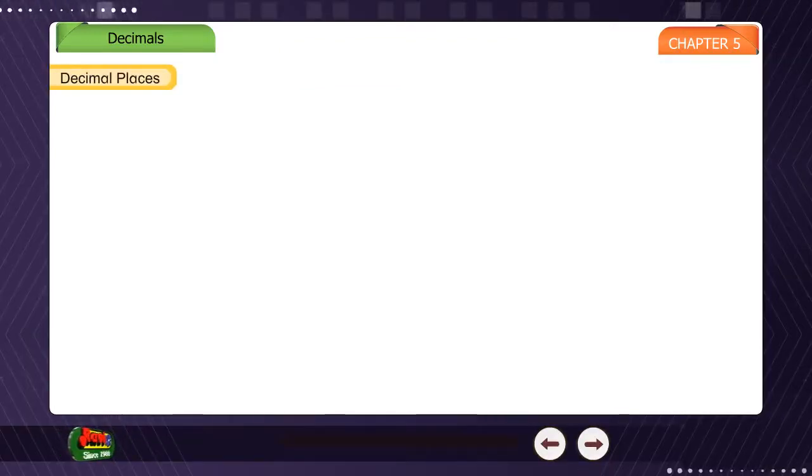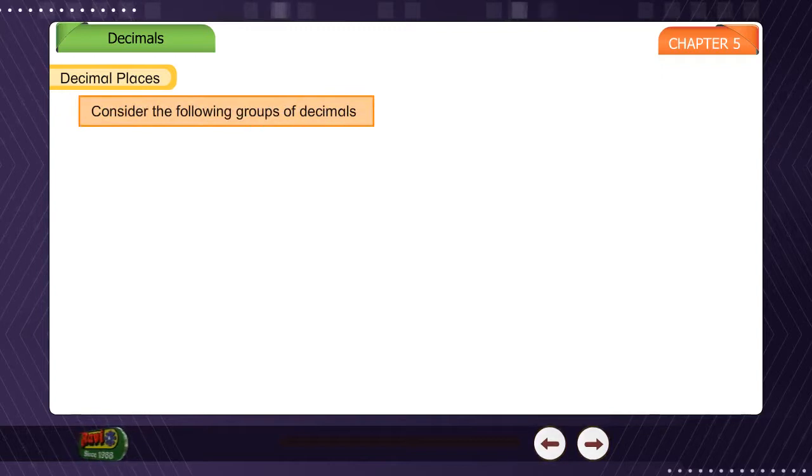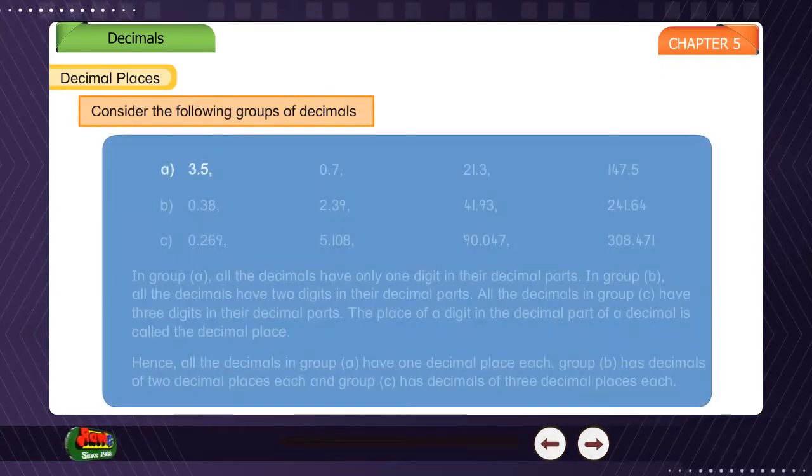Decimal places. Consider the following groups of decimals: A. 3.5, 0.7, 21.3, 147.5. B. 0.38, 2.39, 41.93, 241.64.